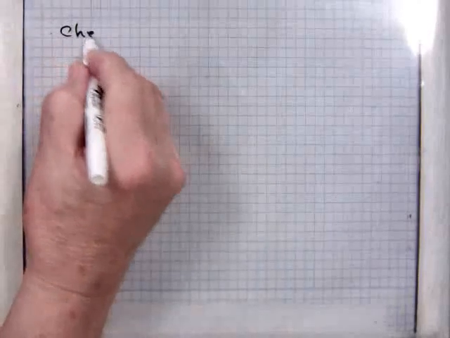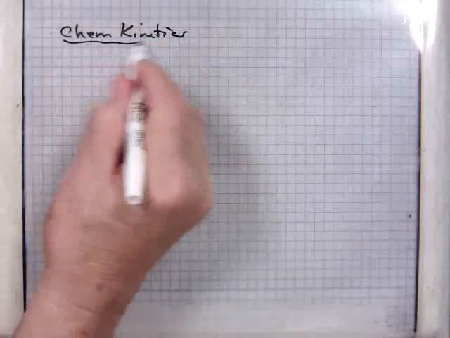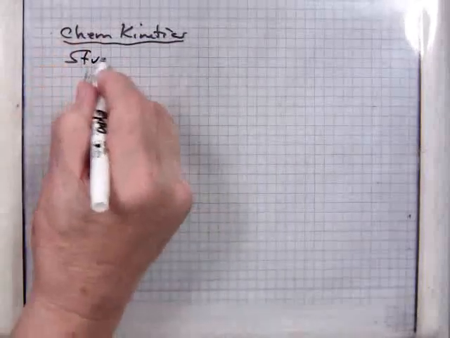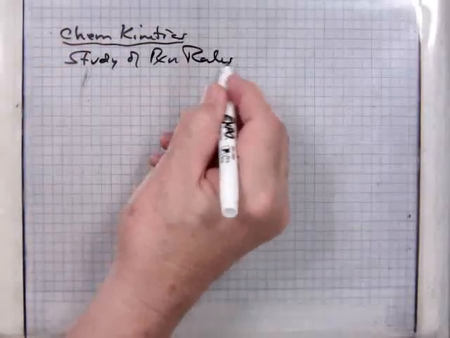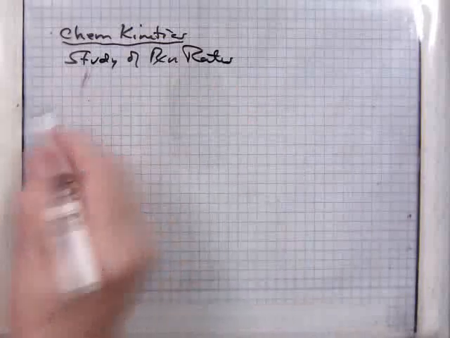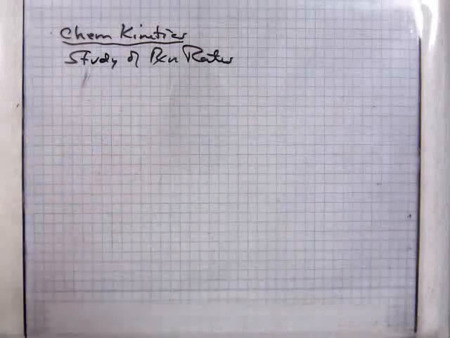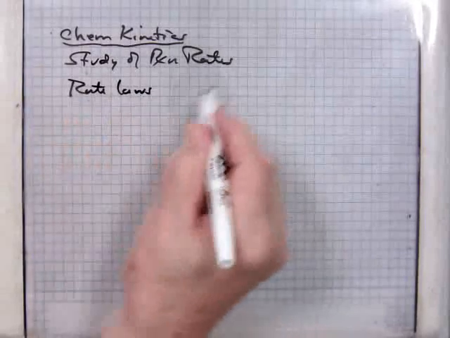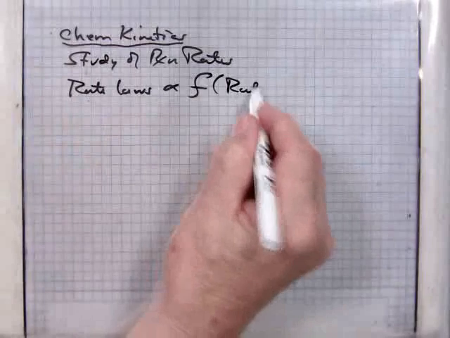Chemical kinetics is the study of rate of reactions, or reaction rates, and these are examined or described in terms of what we call rate laws, which are proportional to a function of rate factors.